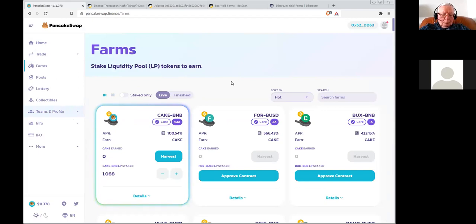So my understanding of farming really is, you're kind of diversifying your portfolio of what you're staking, right? And getting maybe a more realistic APR versus relying on these super high highs and super low lows of basically holding on to a single coin.